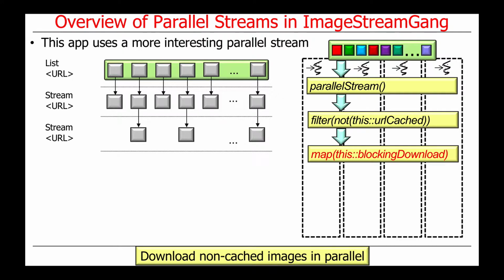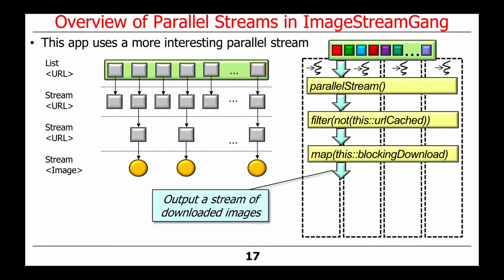And the map intermediate operation is going to use the blocking download behavior to download these non-cached images in parallel. So they'll all be pulled down by the different threads running in the fork join pool, and processed. What happens there is we end up with a stream of downloaded images. So they're converted into image objects, which are meant to be, again, platform independent. That represents the bytes of the content in the images.